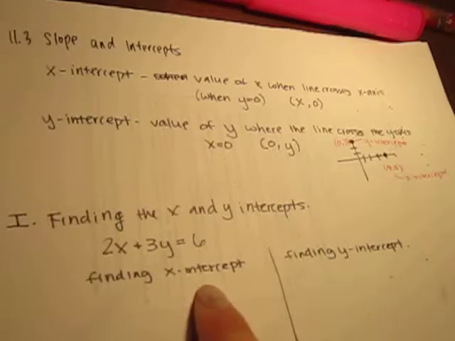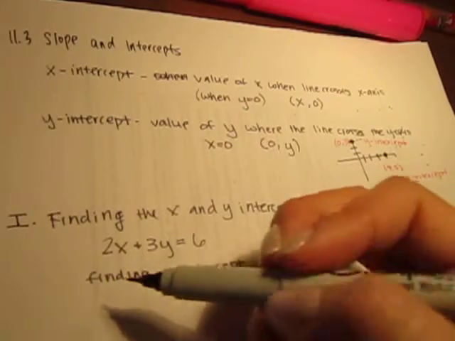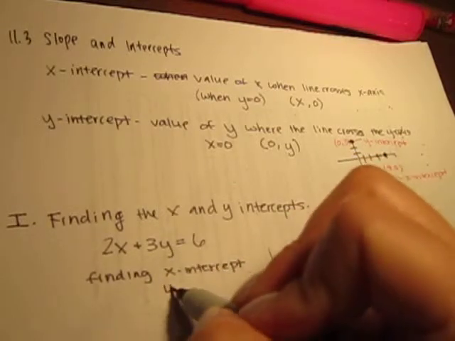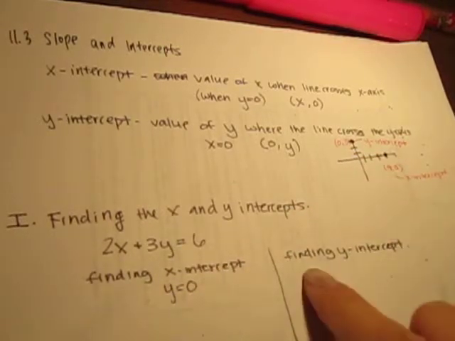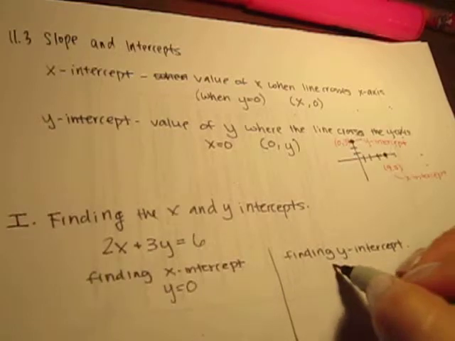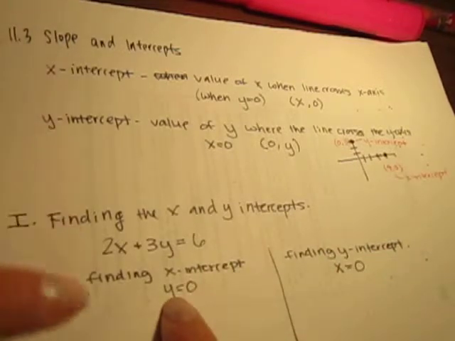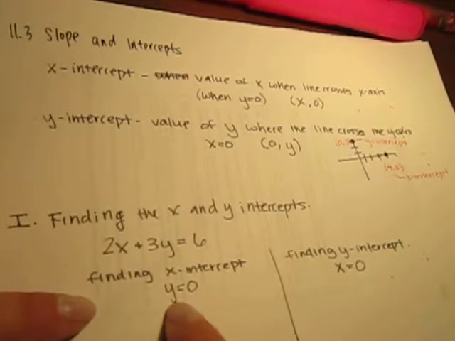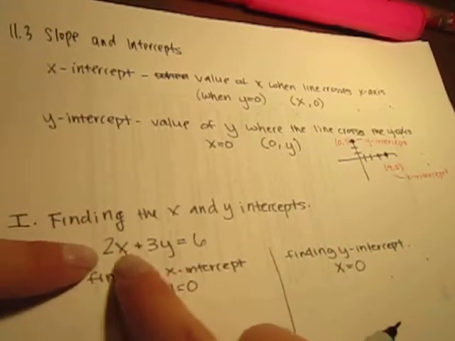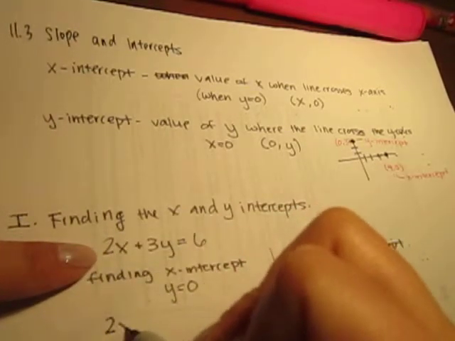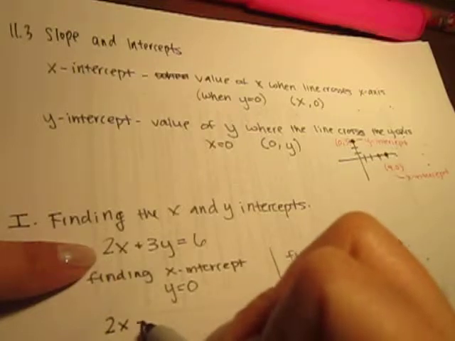We said before that an x-intercept is when y equals 0, and you find the y-intercept by seeing when x equals 0. So to find the x-intercept, we're saying y will then equal 0. So let's go back to our original equation and plug in what we know. We don't know x still.